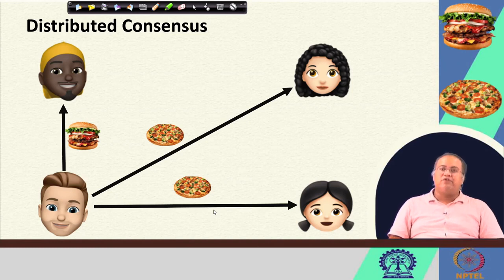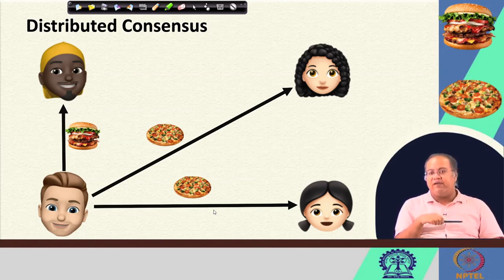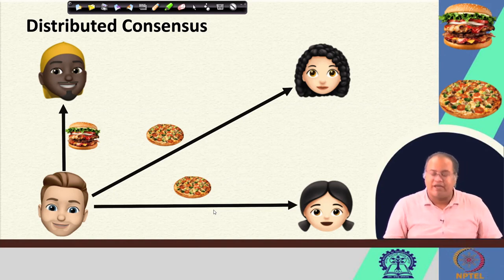I am going to say something to some of my friends and something different to my other friends. That might also happen, because remember that you do not trust your friend. Even in a centralized architecture, when you assume that your friends can show fraudulent behavior and try to impose their own choice, the same thing might happen here. Your friend may inform the ladies that I want a pizza and the boy that I want a burger. So that way life might become challenging.